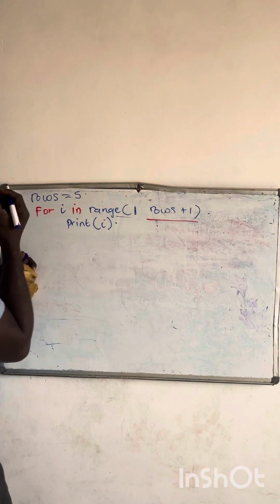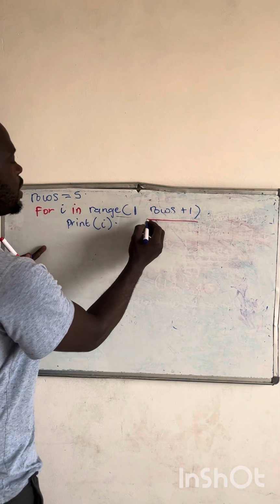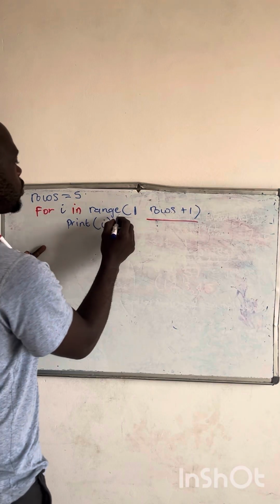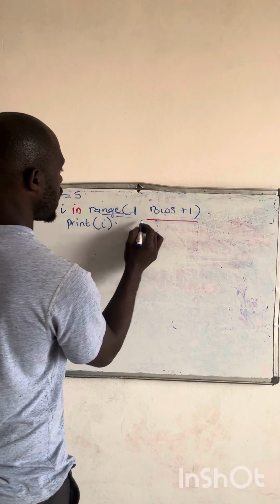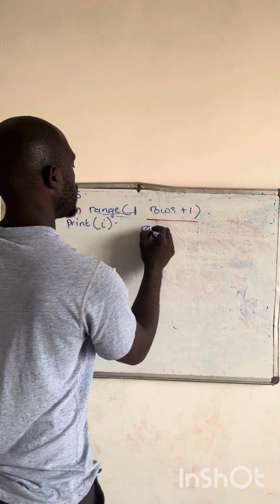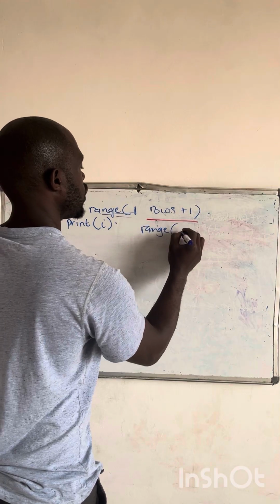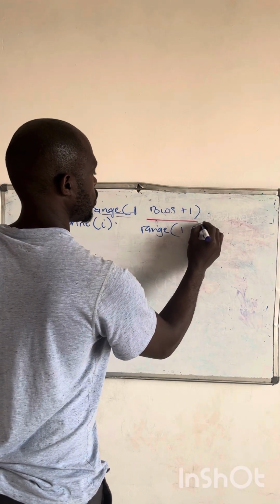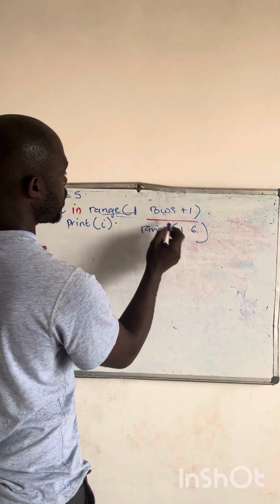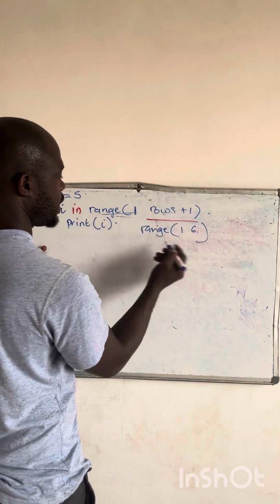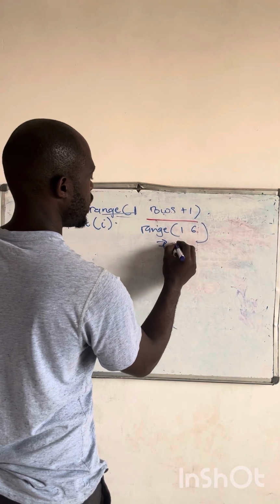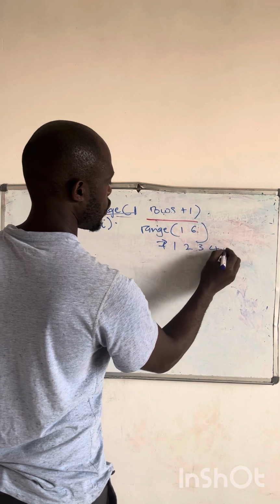Okay, and so if we say print i, it means that it will first figure out this range. This range will be range of 1 to 6, because rows plus 1, rows is 5, so when we add 1 it is 6. So this will imply 1, 2, 3, 4, 5.